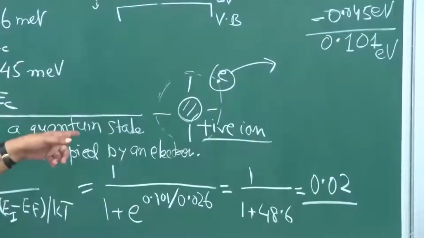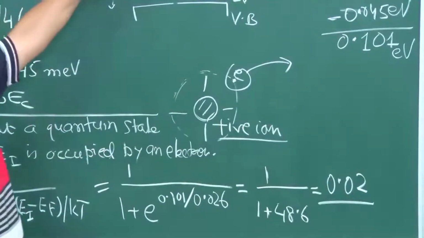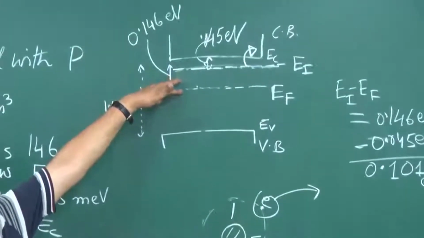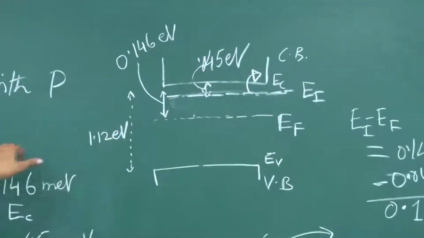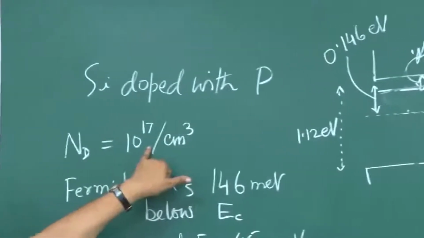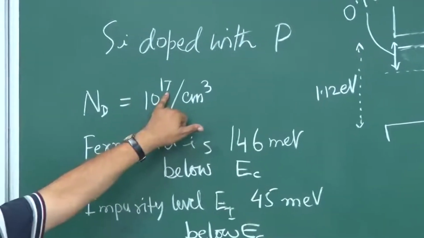This is the probability of one quantum state being filled here. But how many quantum states are there? The number of quantum states is 2 into 10 to the power 17, because of spin up and spin down.